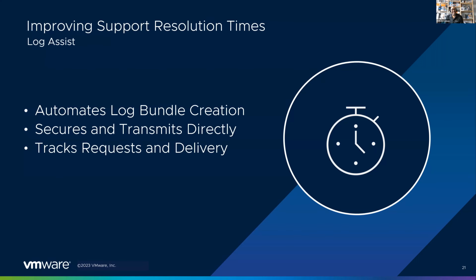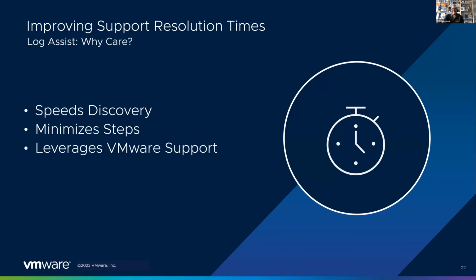And so with that being said, Skyline gives you the ability to send those log bundles safely and securely to our support team. You don't have to use any hosting services like an FTP site to transfer those log bundles, which can be many gigabytes worth of data. And when there are times where you may need to react to an issue that wasn't proactively resolved, Skyline can support you again with this log assist feature.